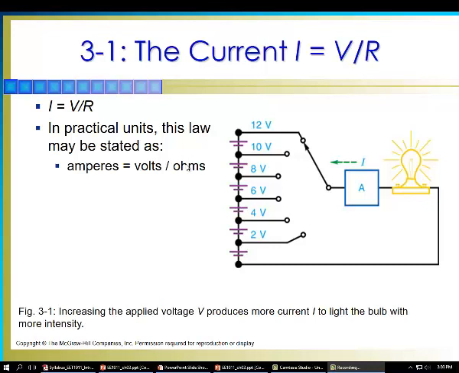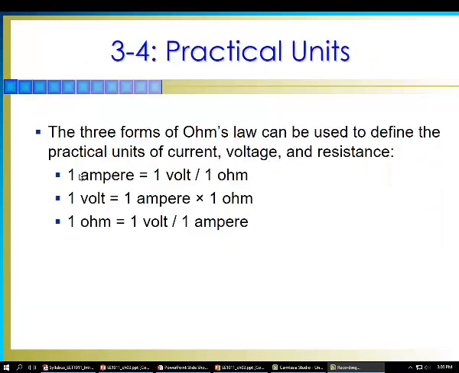So volts divided by ohms give you amperes. Now, depending on which variable you're solving for, your result will have different units. So if you're looking for the current, then the current will have amperes as units. The volts will be the unit for voltage, and ohms is the unit for resistance.